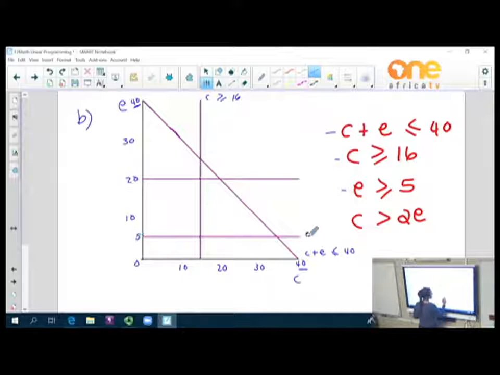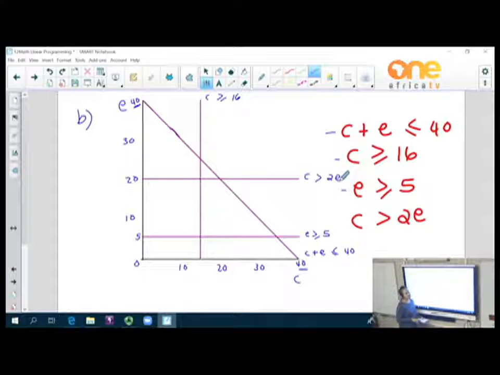There we have that one. And then C should be more than twice E. So when E is 10, then C will be 20. So this one is C is more than 2E. And there you have your graph.